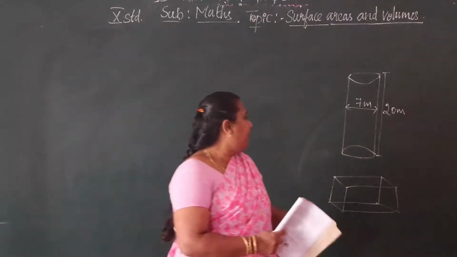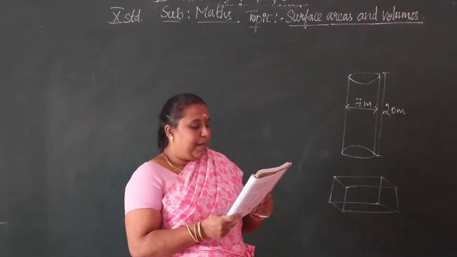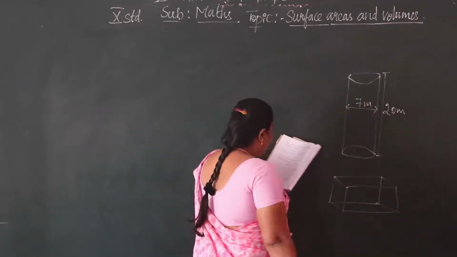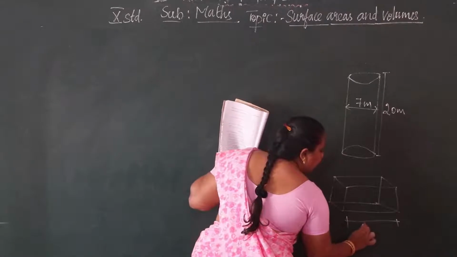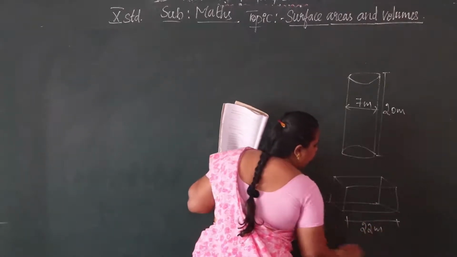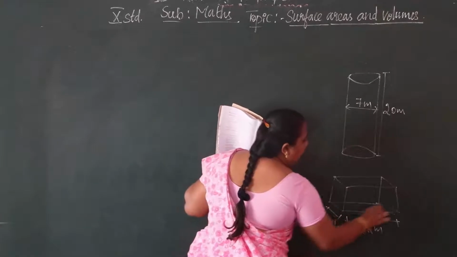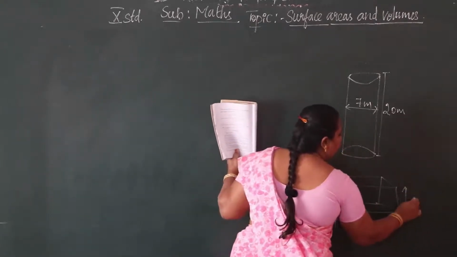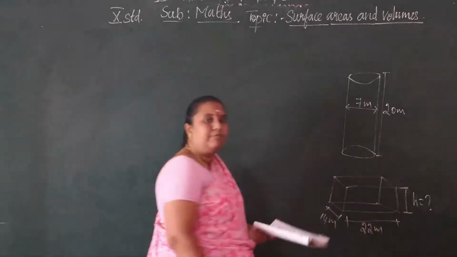So this can be taken as 22 meter into 14 meter. 22 meter we can take as length, and breadth is 14 meter, and we have to find out the height.